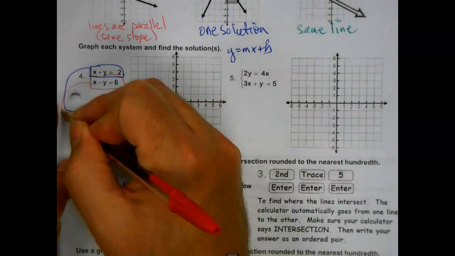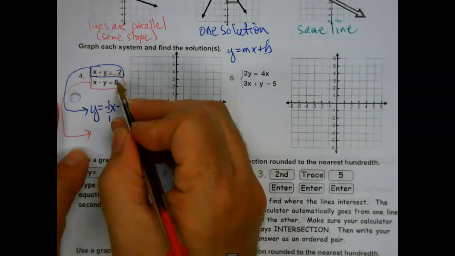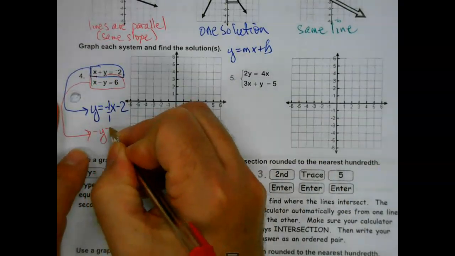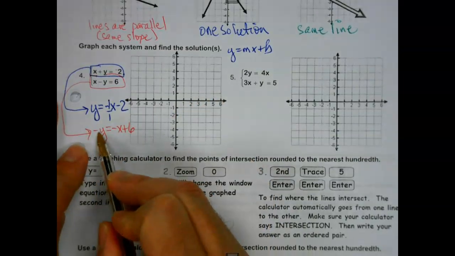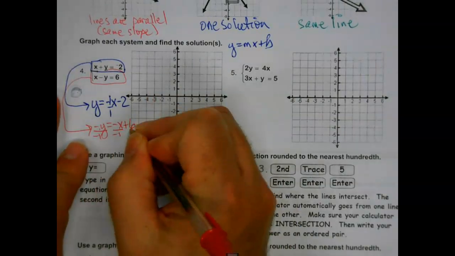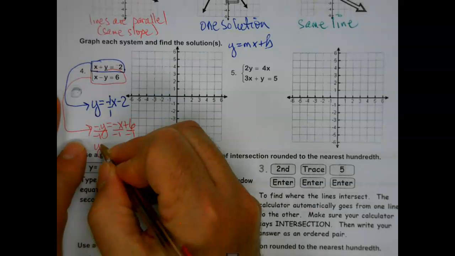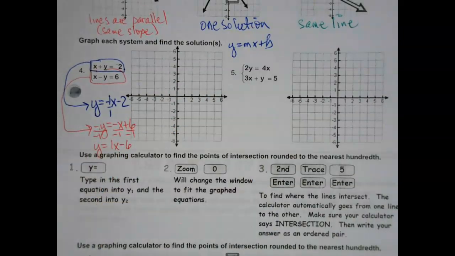And on the second one, we got a little more work to do. I'm going to subtract my x over, but my y is still not by itself because it's negative. So we're going to divide through by -1. And get that in there.